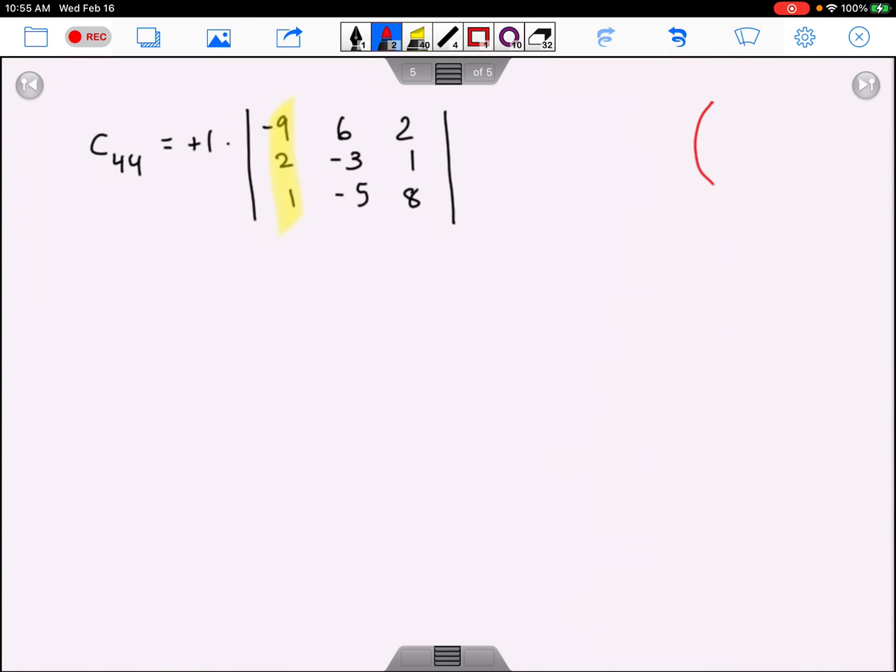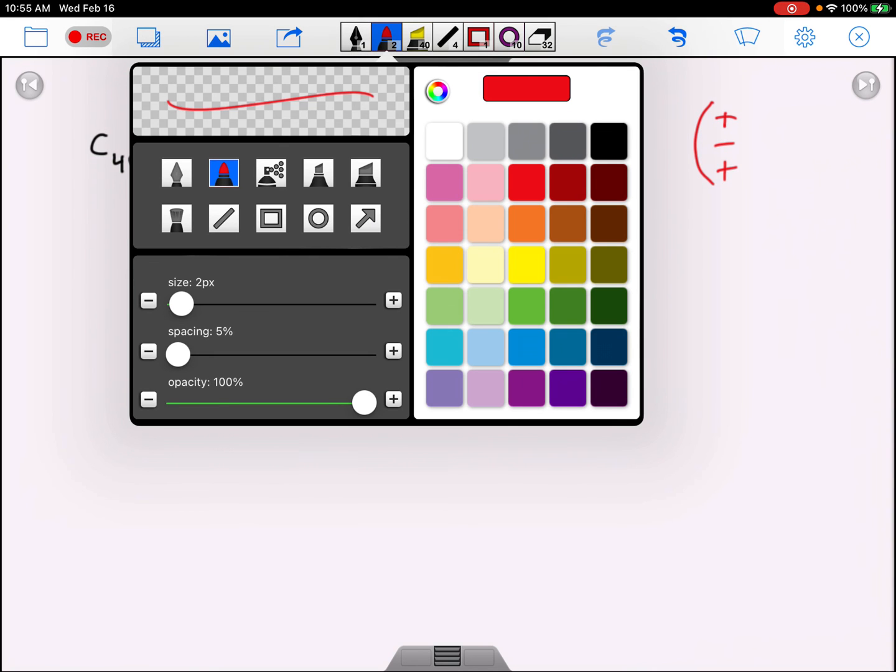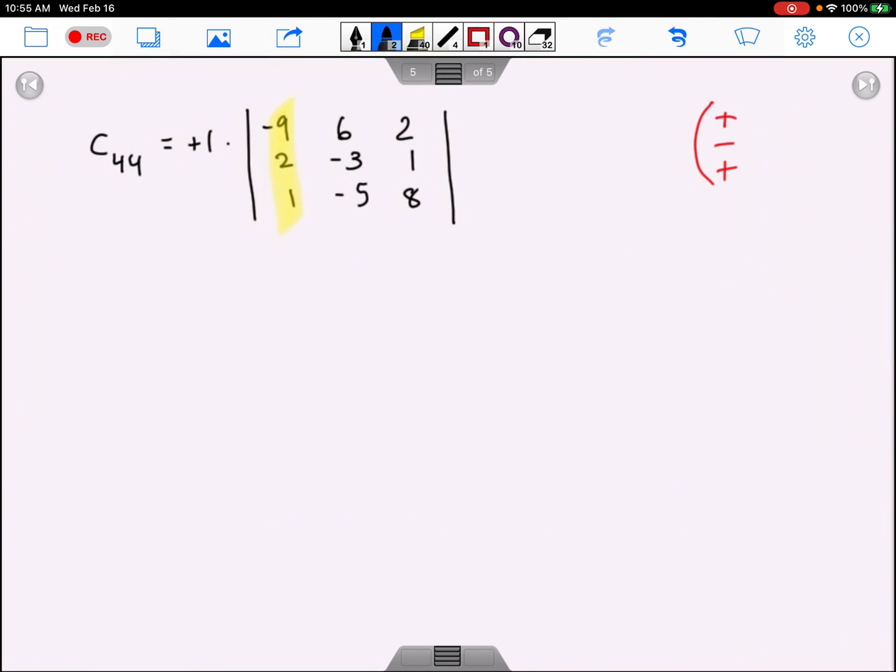And let me remind you that this is the sign table for that column, right? So we know we're going to go positive, negative, positive. So what do we get here? Again, rather than having the sub-symbols and everything, I'm just going to do it in one shot.